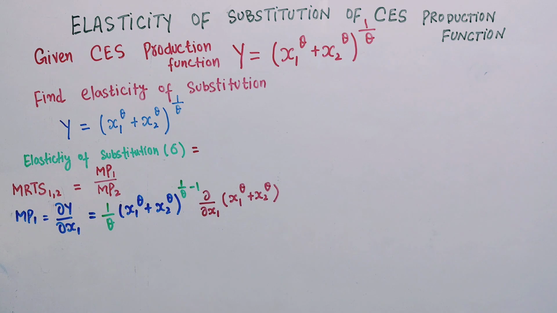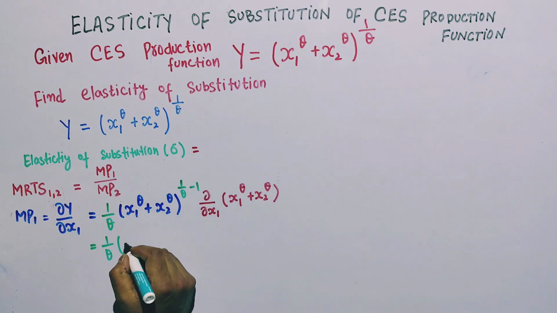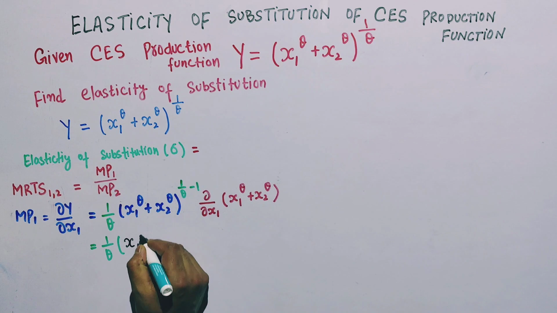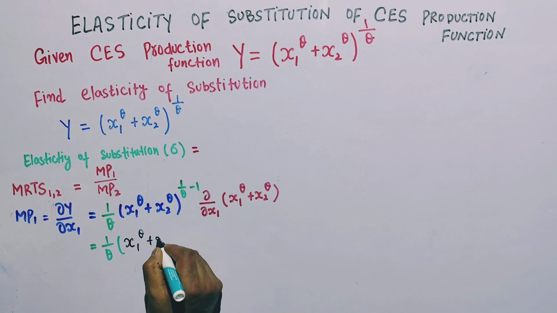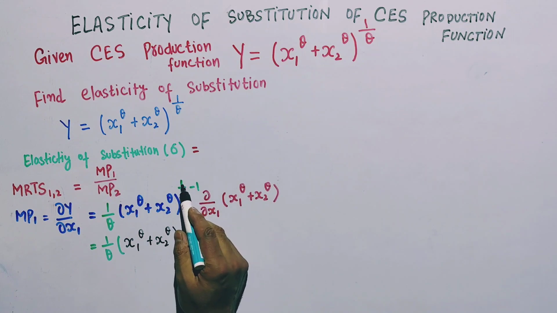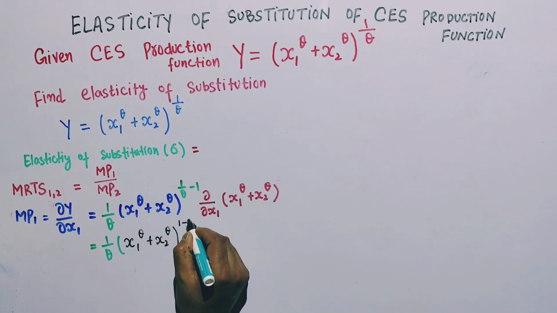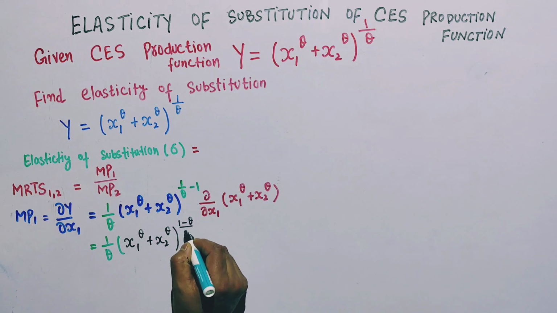What will we get here? We have 1/θ, then (x1^θ + x2^θ) raised to the power (1 minus θ)/θ.